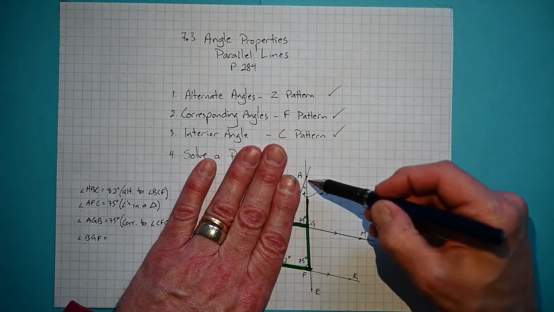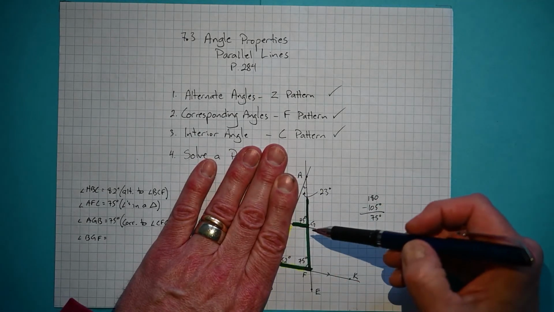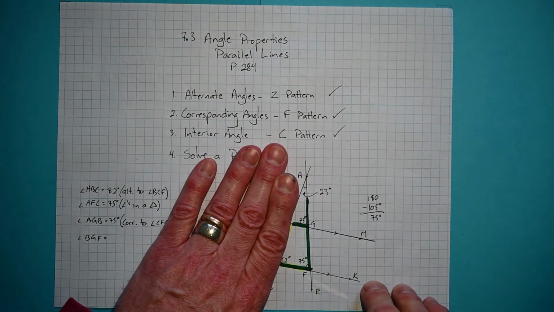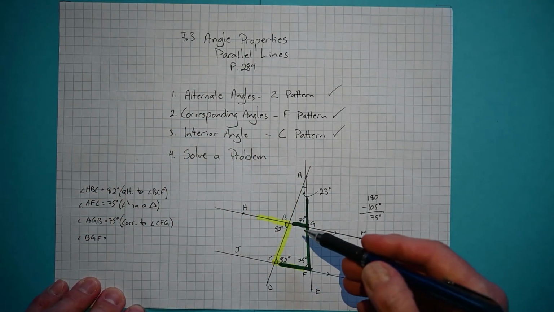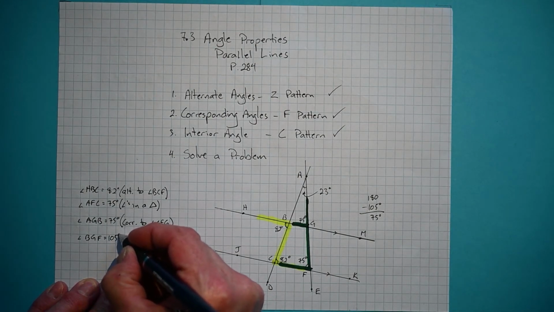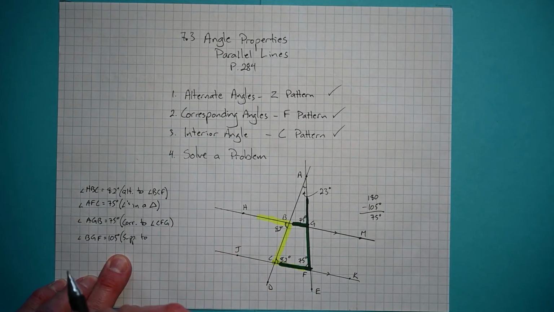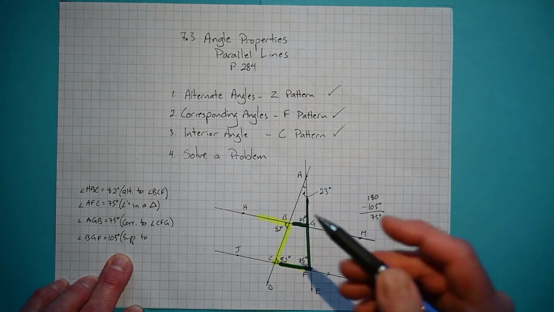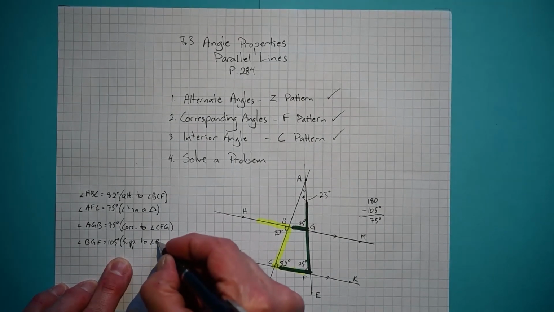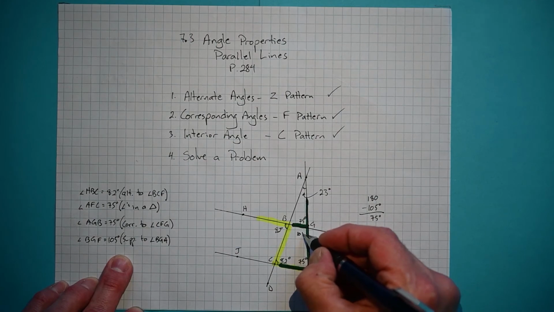They add up to the straight line, the 180 degrees, and so I can find this one by subtracting this one from 180. And 180 minus 75 is 105. So we know this one's 105 degrees because it is supplementary to angle BGA. And so I can write that in right there.